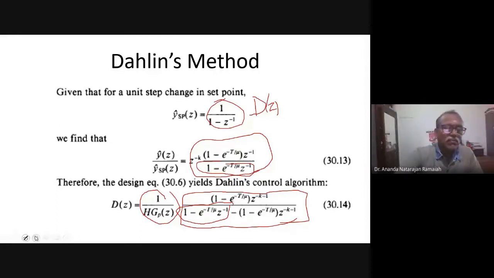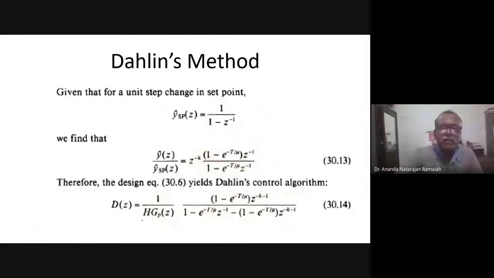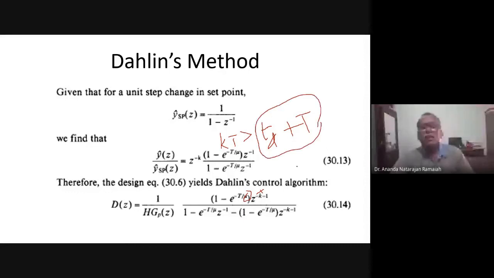So from here, the design parameter is mu, not k. K is the actual dead time plus 1, TD plus 1. KT must be greater than TD plus 1 sampling period, TD plus T. That way we selected it.